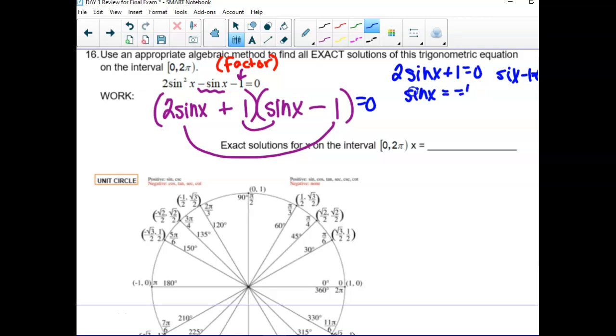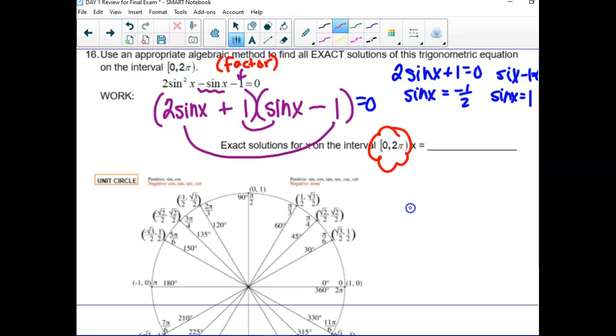When we solve this, we'll get a negative 1/2, and this we get a positive 1. What if it had like sine equals 5? Or even 3/2, right? Can't happen. So you would only have less solutions. Be careful. What does this mean? We don't need any plus or minus anything.